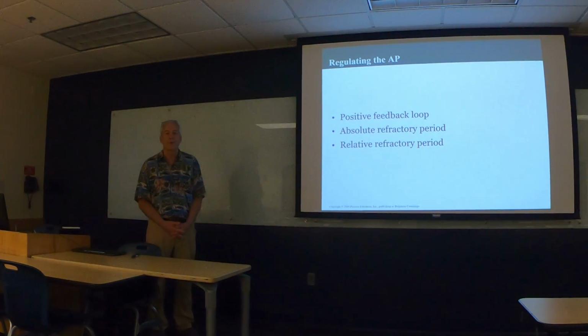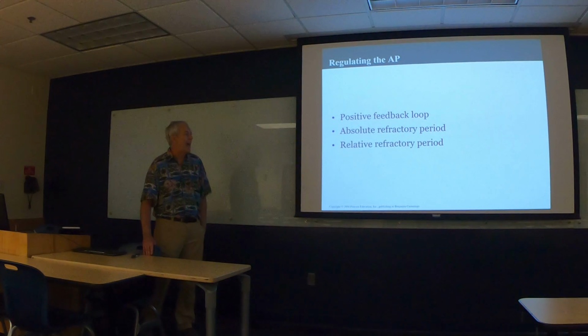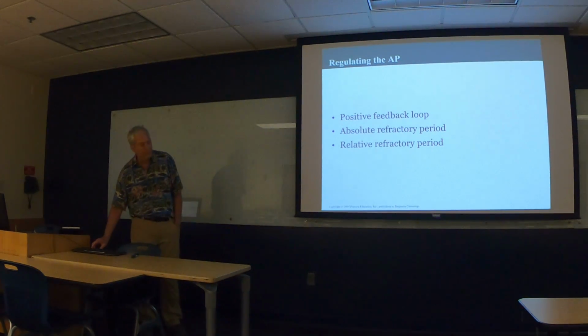Whereas the relative refractory period happens after a point where you've been able to reset enough of the sodium channels to allow the nerve to depolarize again, but the stimulus has to be much greater than it was previously. So it takes a supra-stimulus to get another action potential generated.